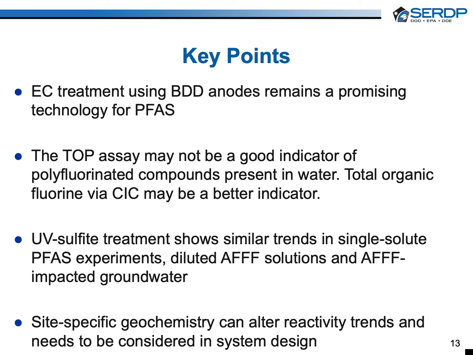So while it's something that needs to be considered, I don't think it has that much of an adverse impact in terms of overall cost and treatment that it would rule out electrochemical as a viable PFAS treatment technology.